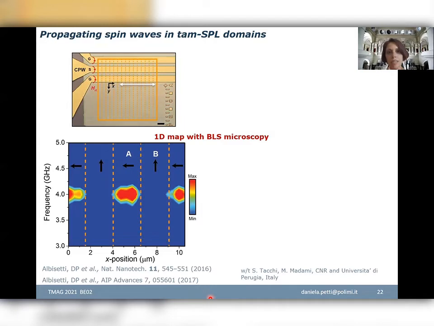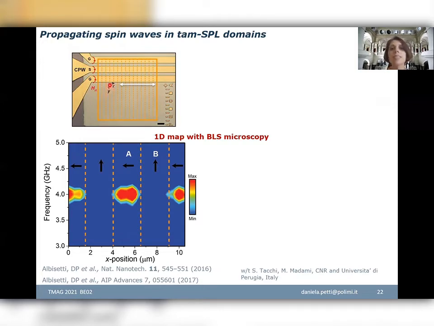In this sample, which is a simple exchange bias sample, we patterned these tracks with the magnetization at 90 degrees. So this on the top is the optical image of the sample, in which we see only the coplanar waveguide, because as I said before, the patterning with tam-SPL is only magnetic.